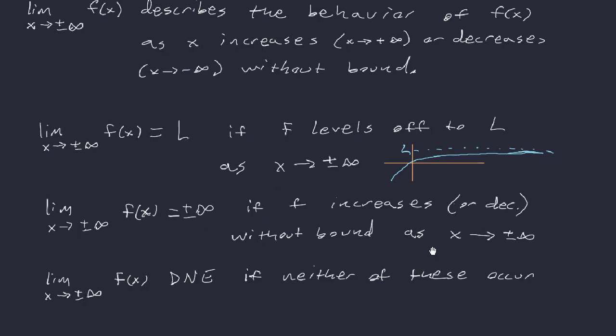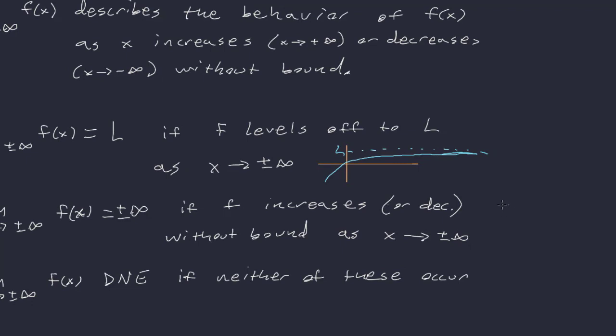So this would be functions like this, that as x increases without bound, so does f, or as x decreases without bound, so does f. But it can also be situations like maybe the function increases without bound on both sides, or maybe it decreases on both sides. There are a lot of possibilities here.